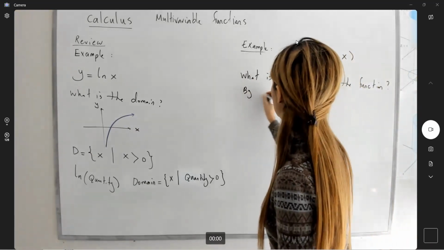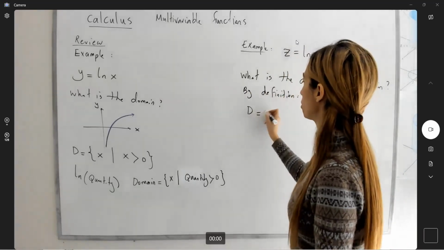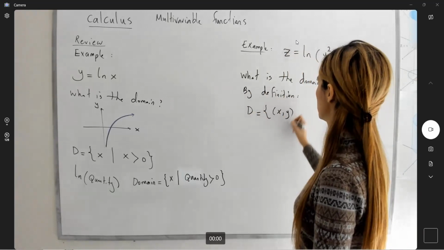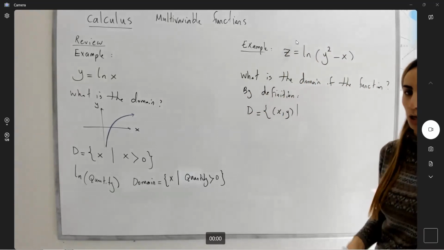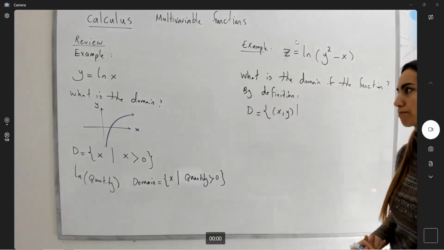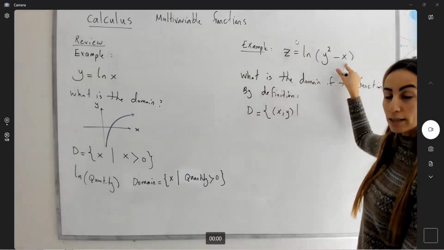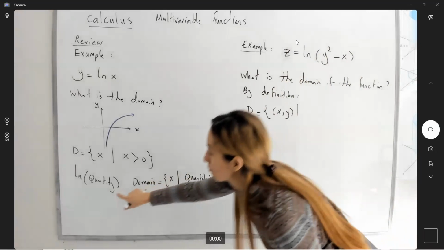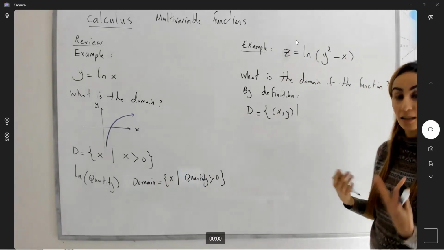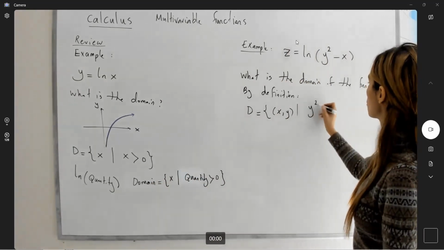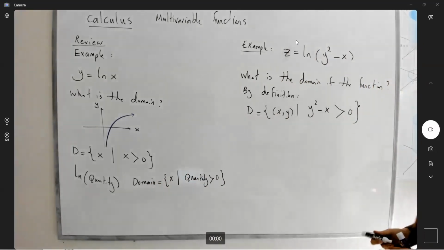By definition, the domain is equal to the set of all points, or pairs (x, y), such that they satisfy some conditions. What condition? You have ln of a quantity. It doesn't matter what that quantity is, that quantity must be larger than 0. y squared minus x must be larger than 0.